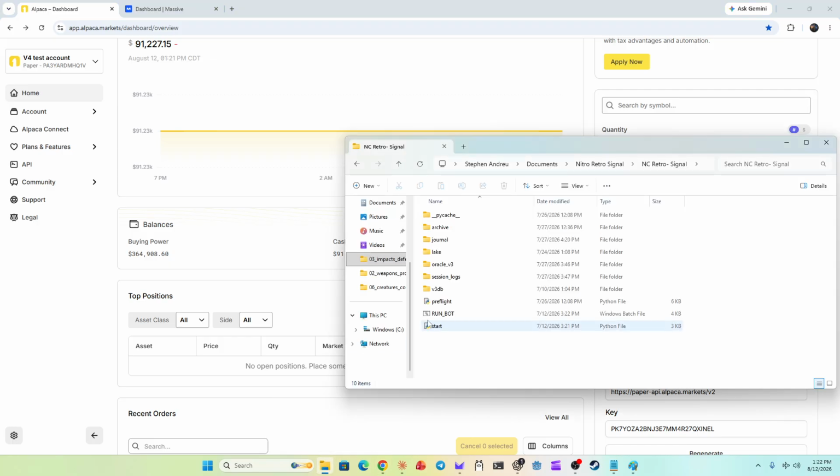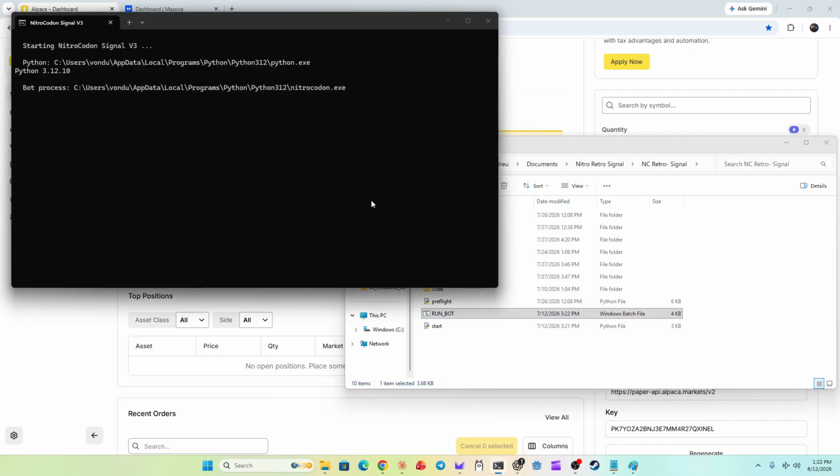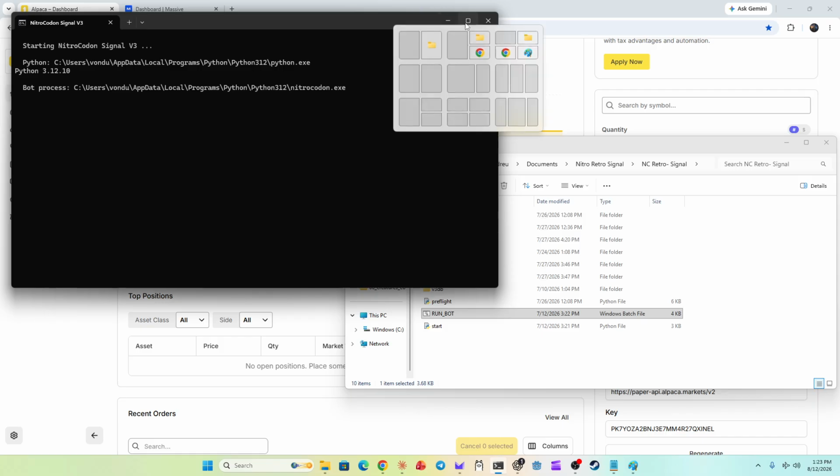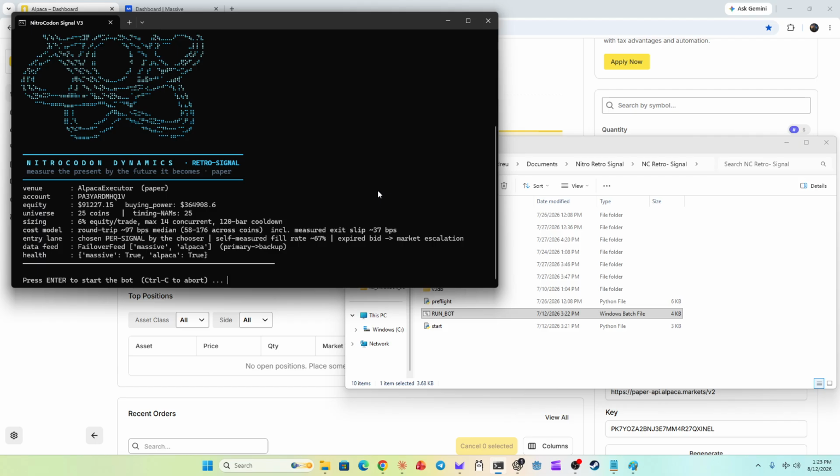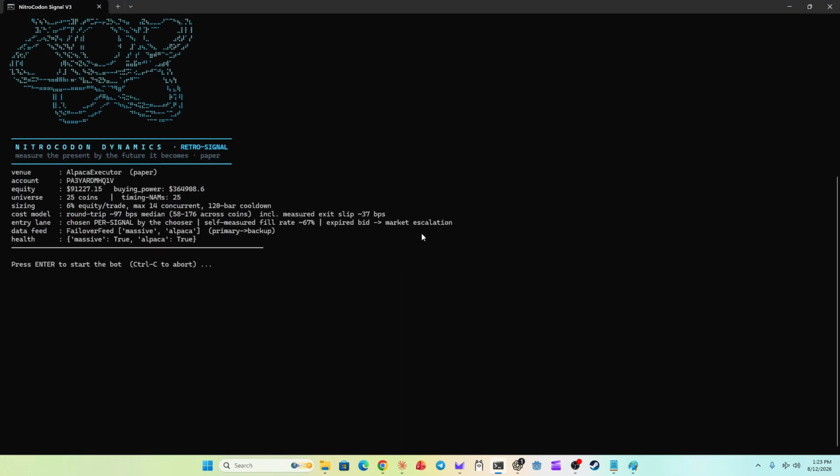But I can kind of load it up here real fast. This is basically the bot, and yeah, it takes a little bit. I haven't fired it up in a while, so that took a little bit longer than what it takes usually to run. And then it backfills about 4,500 minutes of bar data.